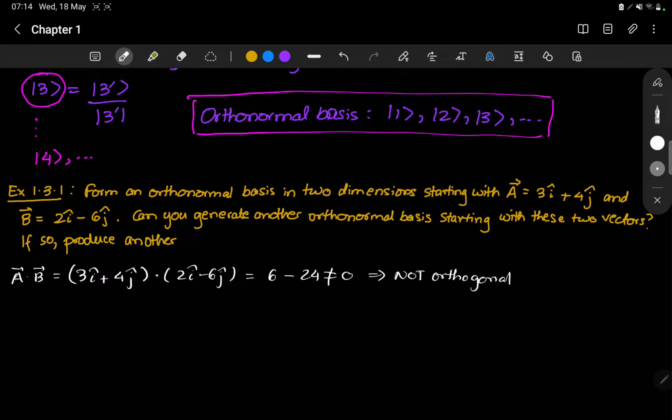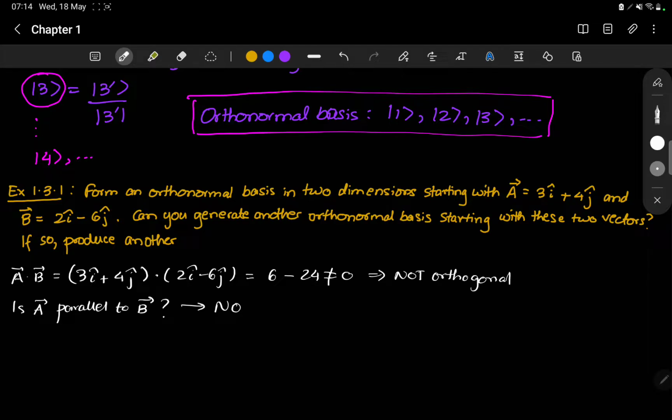Are these A and B vectors indeed forming a basis for 2 dimensions? That we can see. Is A parallel to B? The answer is no. A is not parallel to B, because for vectors in 2D to be parallel, A and B need to be scalar multiples of each other.